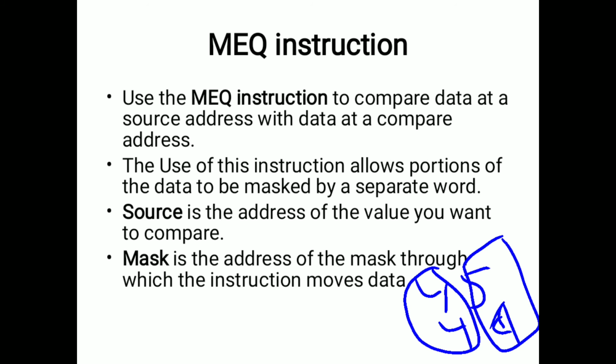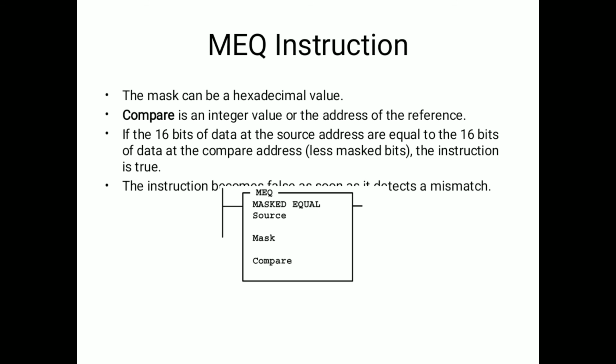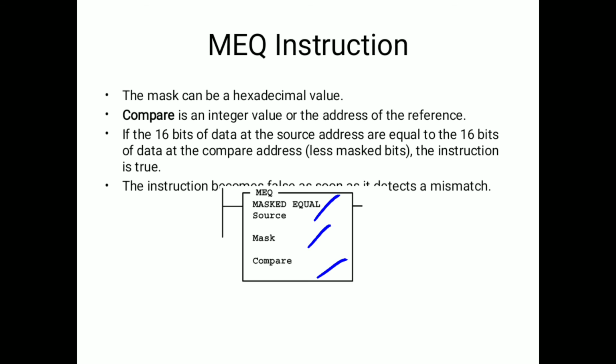In that case we will mask this 4 and this 4, and compare only this data. If we don't want to compare the whole data but only a little of it, we will use the mask instruction. So here we use source, mask and compare. It will be used like this. Basically it is used to detect a mismatch of two data.